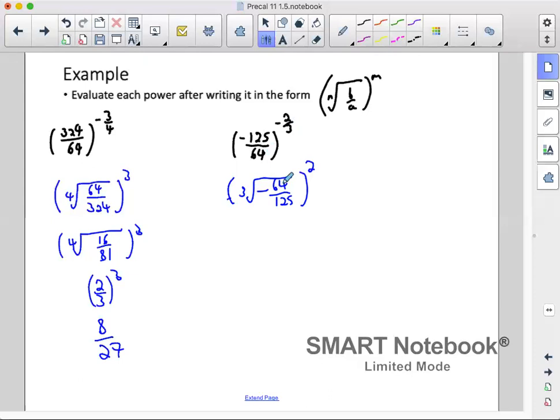Now we can take the cube root of 64, which will be 4 over the cube root of 125, which is 5. That's being squared. Squaring this gives us 16 over 25.